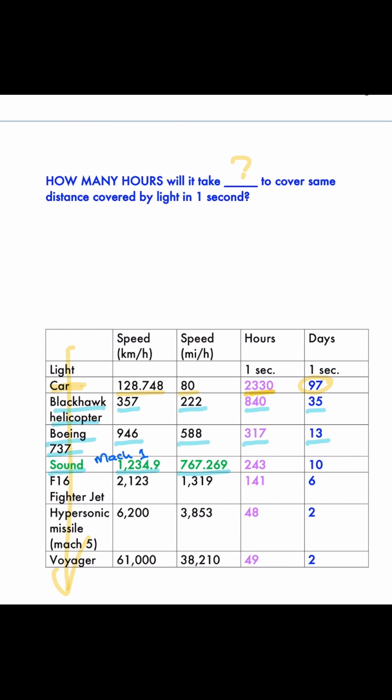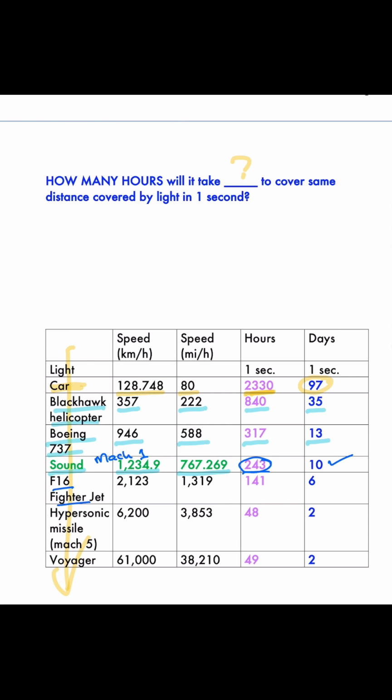So Mach 1 will be about the same speed as the speed of sound. Mach 2 will be twice the speed of sound. Mach 3 will be 3 times the speed of sound. So the speed of sound, which is Mach 1, will require 243 hours to cover the same distance as light, which is basically 10 days. So almost 2 weeks.